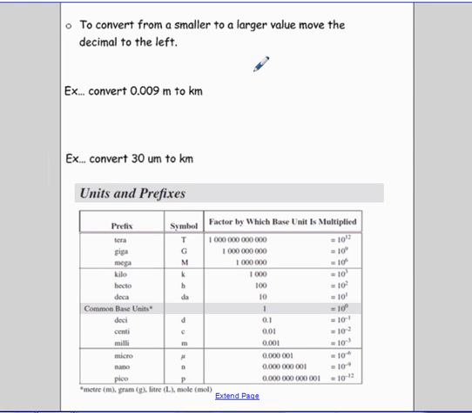If we look at it the other way around, if we're converting from smaller to larger, this time we're converting up the staircase. We're going from small to larger, so we move our decimal to the left. For example, 0.009 meters to kilometers. Meters are a base unit, remember, along with grams, liters, moles, etc. This is 10 to the 0, and kilometers is 10 to the 3.